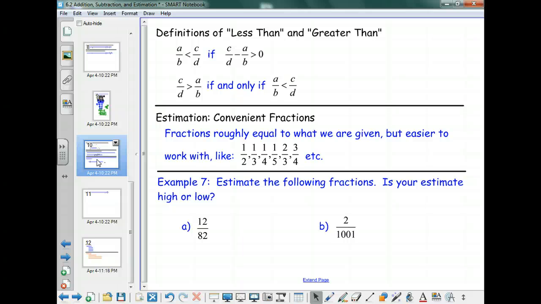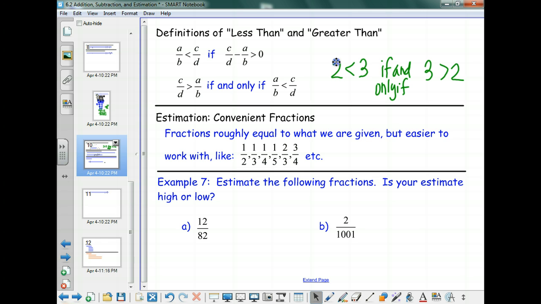If C over D is greater than A over B, then A over B is less than C over D. It's just the idea of being able to turn an inequality around. If I did it with whole numbers, it works the same way: 2 is less than 3 if and only if 3 is greater than 2. Right? Okay.